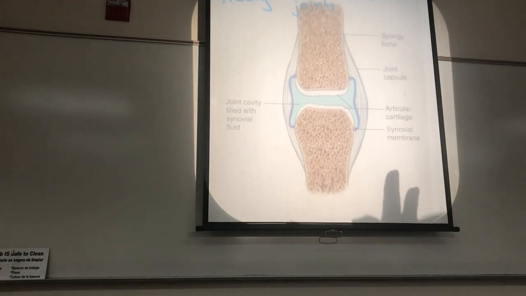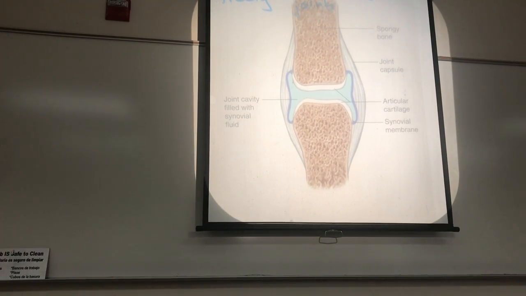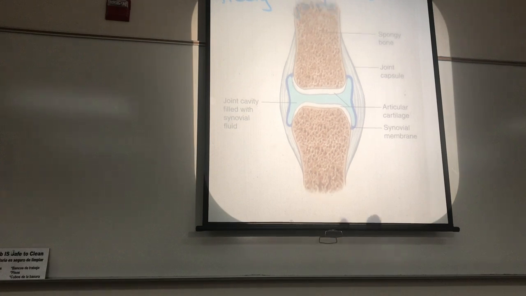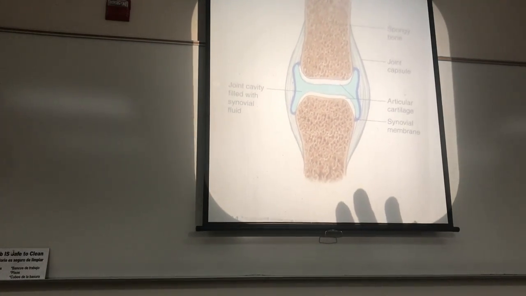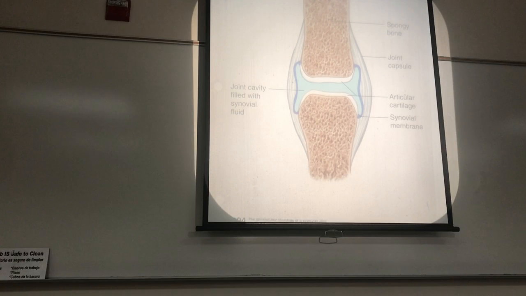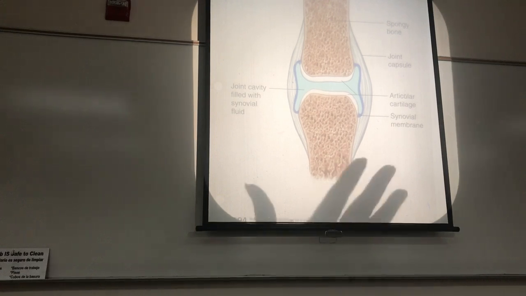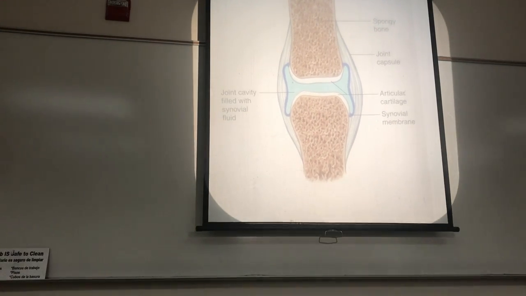So I'm going to switch over to a picture which is not only bigger, but actually this is no real joint in the human body. This is kind of an idealized, generalized, generic synovial joint that'll show you guys the basic structure here.